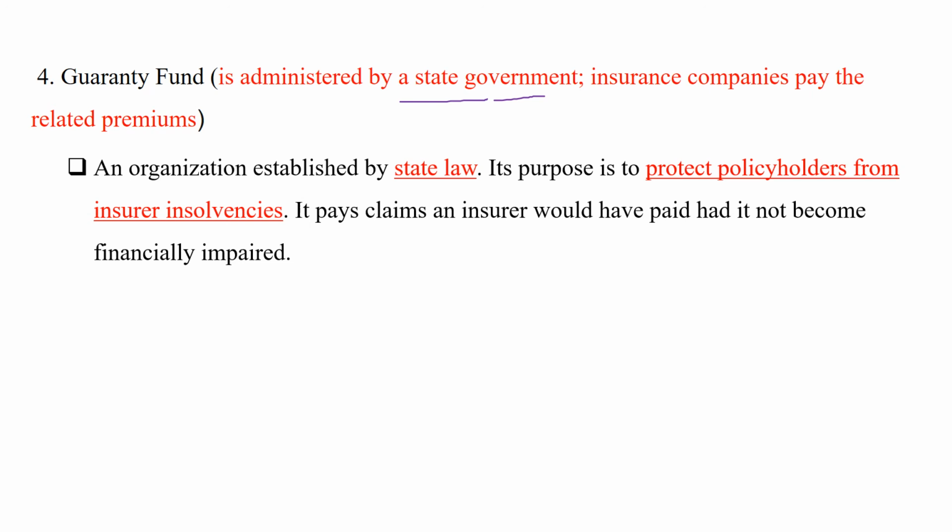So today, if this insurance company goes bankrupt, this insurance company is unable to pay the insurance amount. The state government will use the fund to pay the insurance amount. The insurance companies need to pay the related premiums to this fund, to the guarantee fund, during normal times.